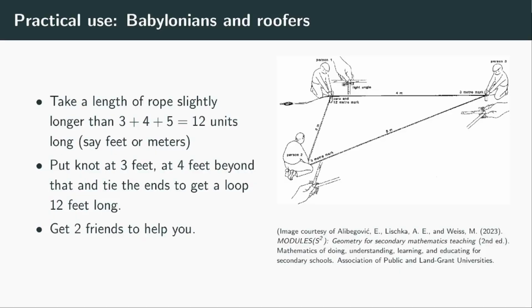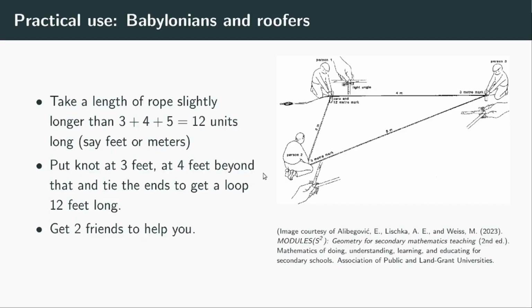This is a surprisingly useful theorem. Imagine I take a length of rope, say 12 feet long, and I tie knots in it at 3 feet, then at 7 feet, and then I tie the ends together to get a loop that's 12 feet long.